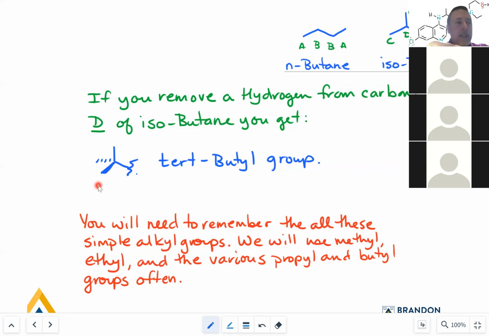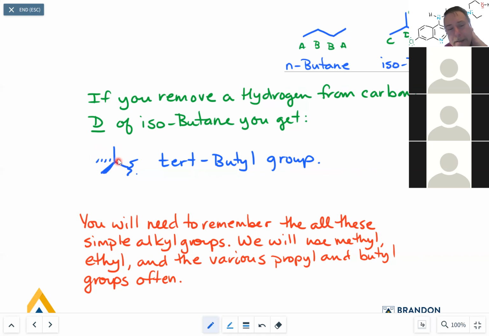So with regard to chemistry, it takes up a lot of space in a molecule, and it can actually make things unreactive just because of its size. So it's an important group for that reason. And you see it quite a lot. Chemists use it quite a lot because it's so big.